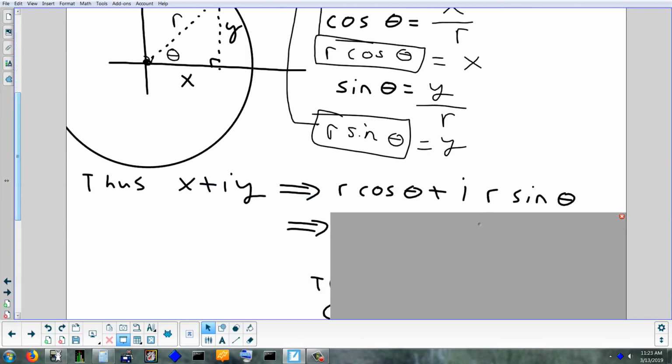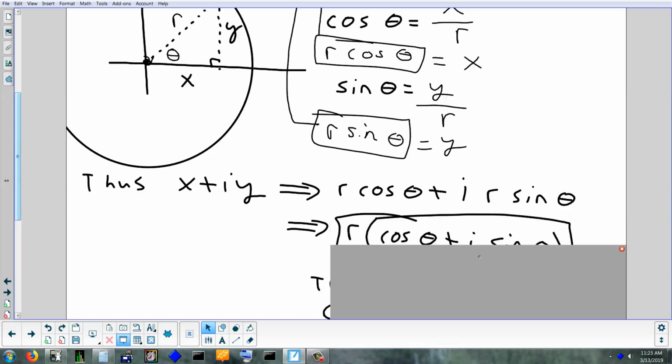Now, if you look at both of those terms, r cosine theta plus i r sine theta, what do they both have in common in front of the trig function? R. And when two things have the same thing in common, what can you do? It begins with an F. You can factor it out.